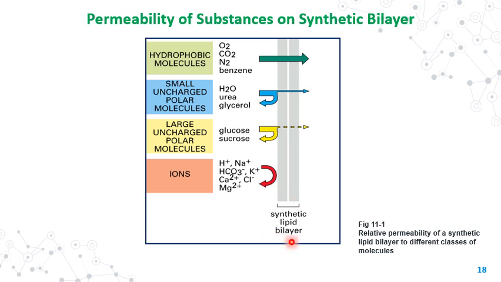But if you're dealing with a synthetic membrane, eventually you get some of it that goes across. Okay? Now, if you have large nonpolar molecules, you even get less of that going across. But again, with the synthetic membrane, some of it is still going to leak through. Okay? But when you're dealing with ions, ions will not go across even a synthetic membrane. Ions cannot go across the membrane at all. Okay? They need a channel for that.